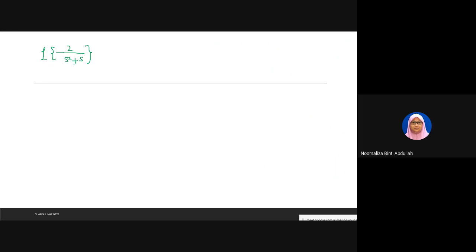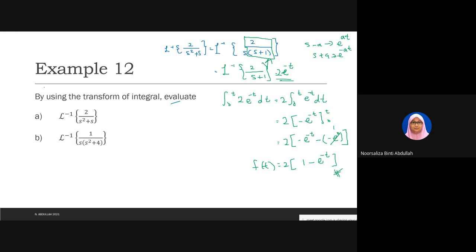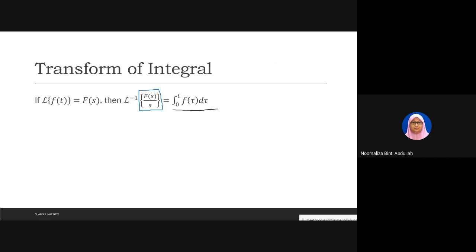But the question states that you have to use the transform of integral, which means you have to rearrange this so that you can get the Fs divided by S. Then you integrate the Ft you get from Fs here. This Fs, you transform it, you get Ft, and then you do the integration.